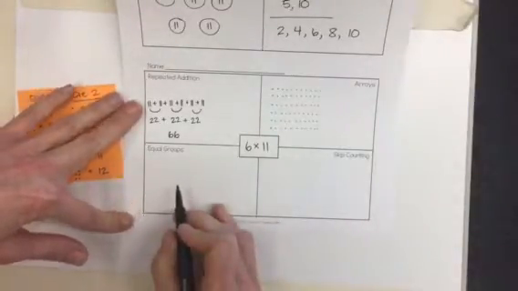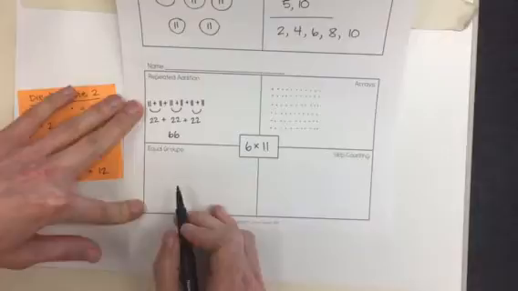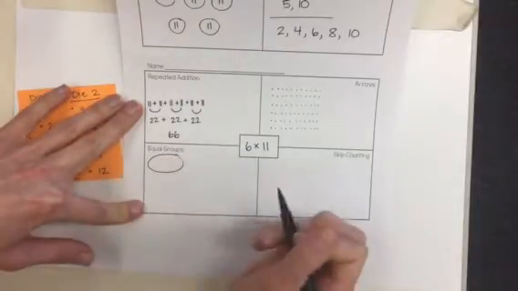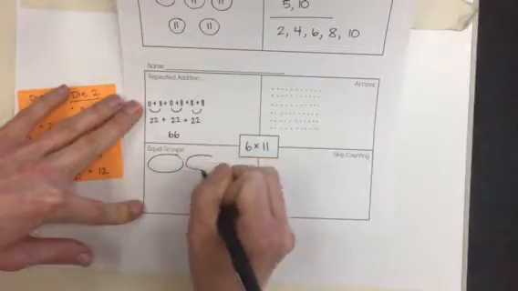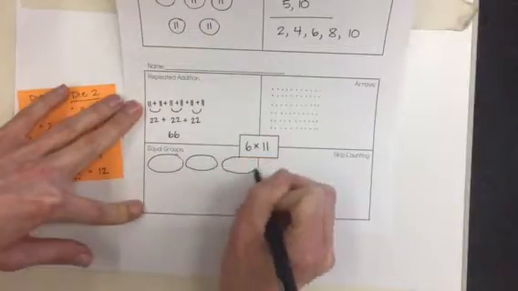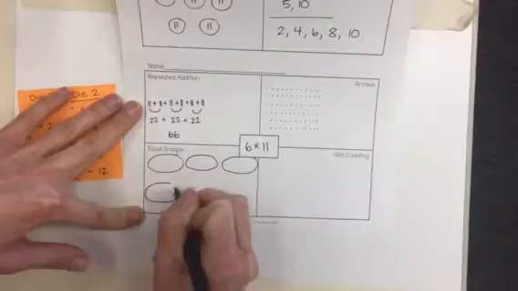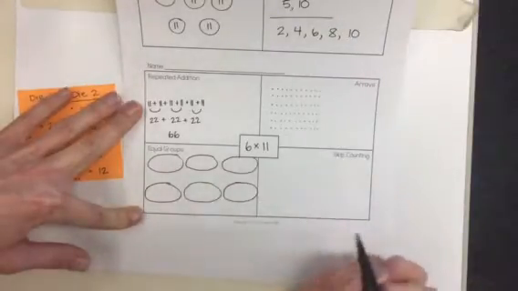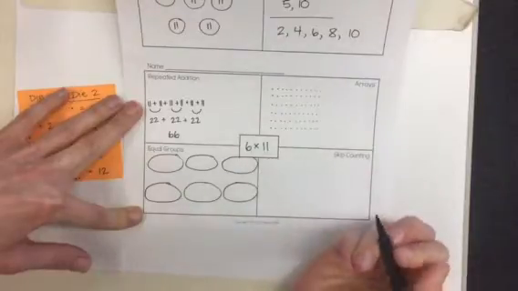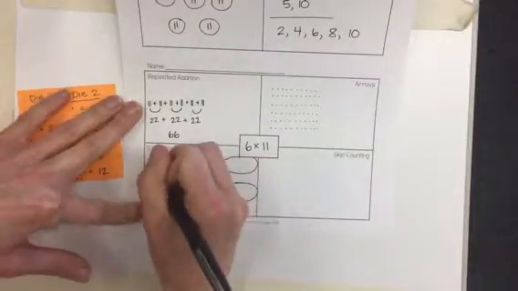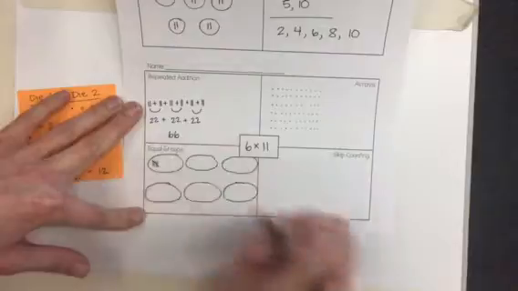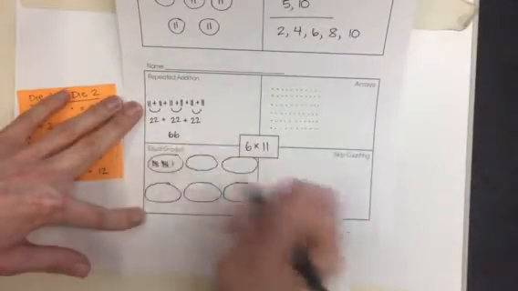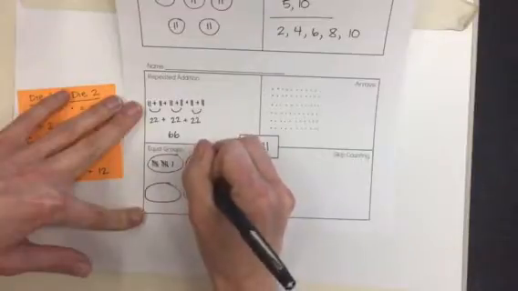And now I'm going to make equal groups. All right, let me draw 6. Here are my groups, and how many in each group? 11. I think I'll do tally marks because that's easy to see. 1, 2, 3, 4, 5, 6, 7, 8, 9, 10, and one more is 11. So I'm going to do this for each group.